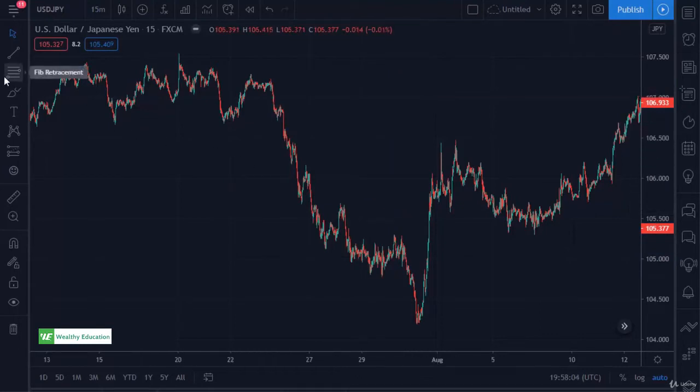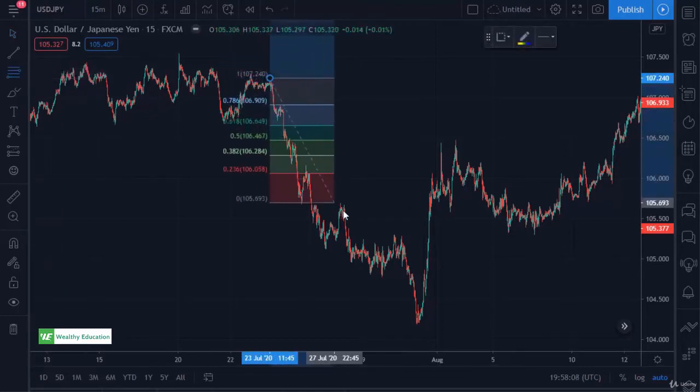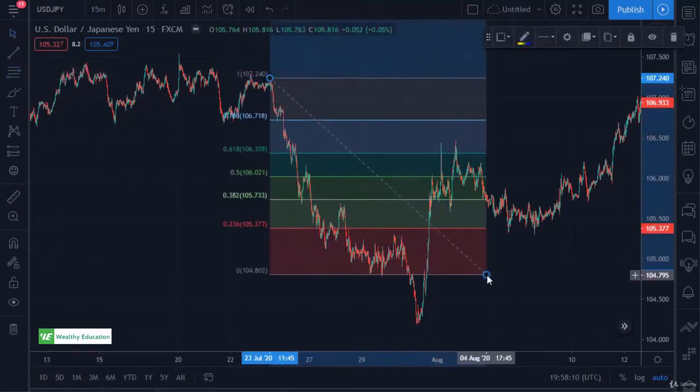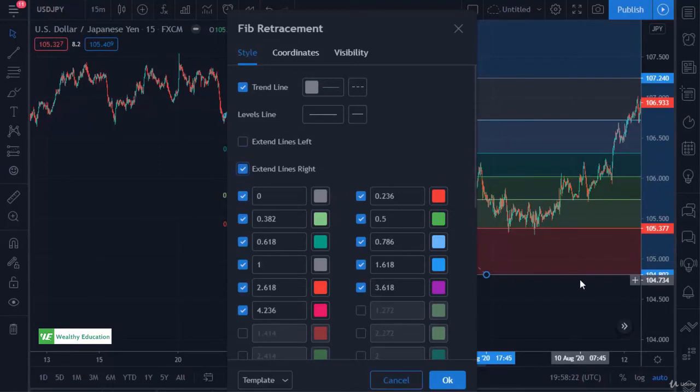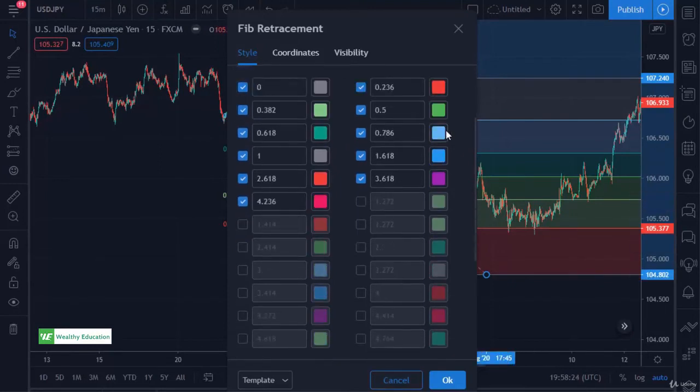Now, the first thing that I would do, just to kind of clean things up, is draw out this tool and then go up to the Settings tab. And we are going to extend lines to the left, or excuse me, to the right, so that it goes over here. And we're going to get rid of a lot of the less used Fibonacci levels.